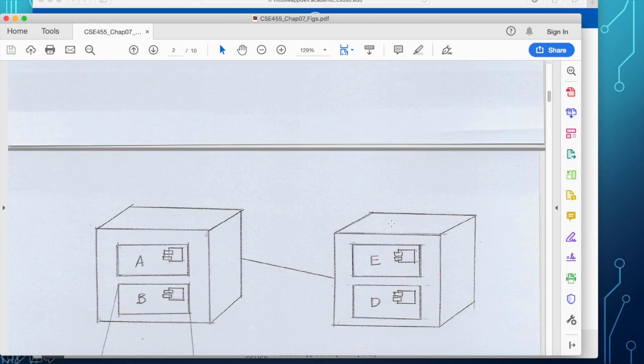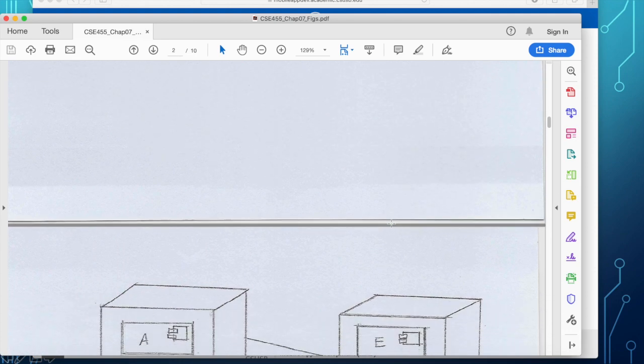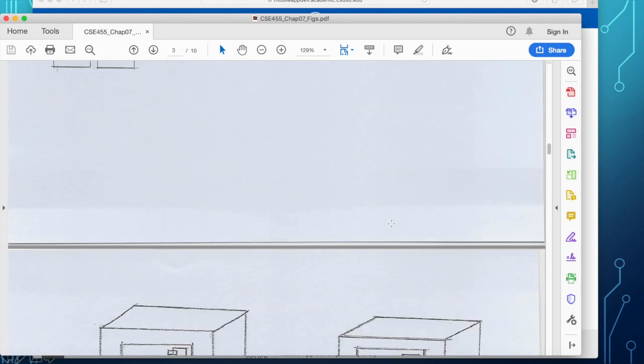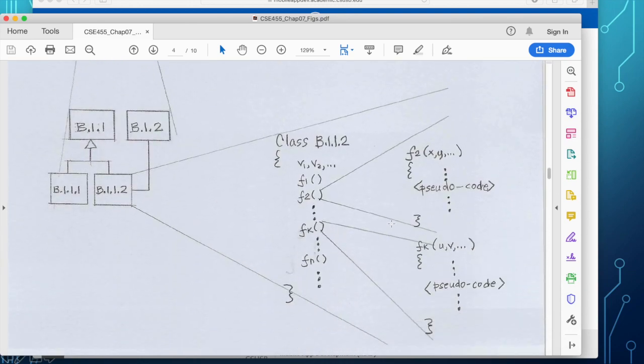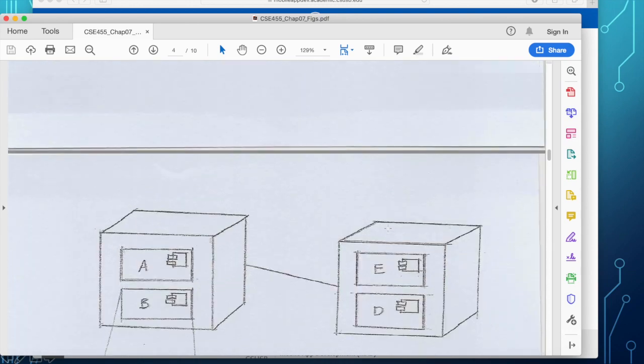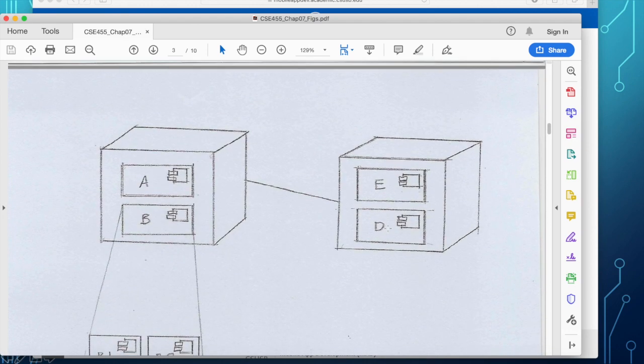Okay. Here is the example I gave you last time.